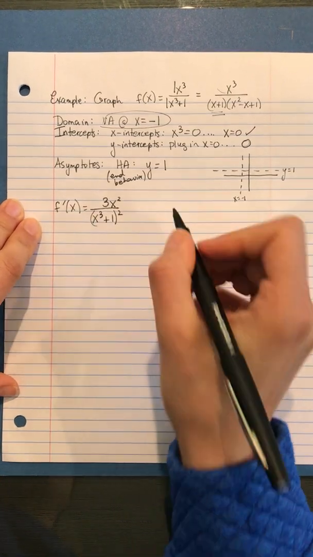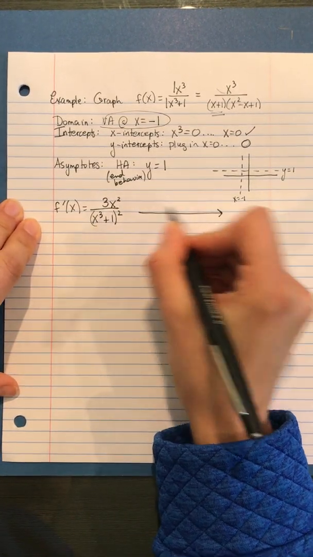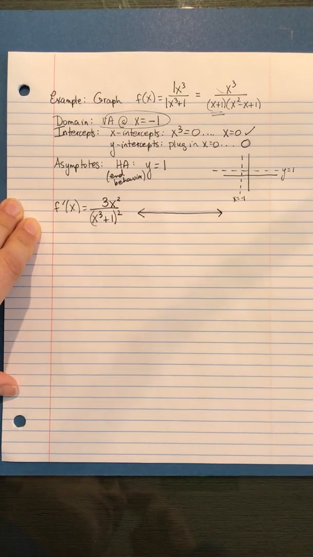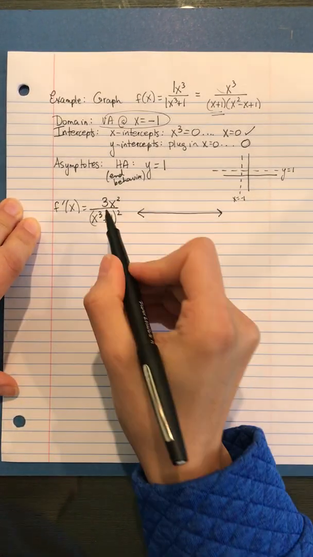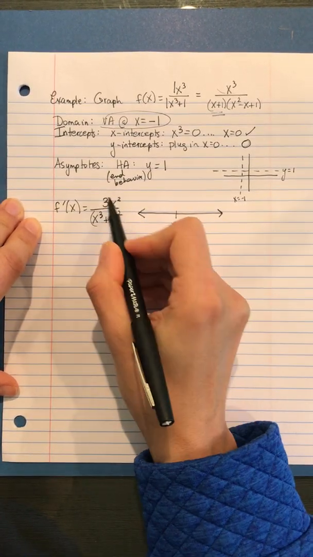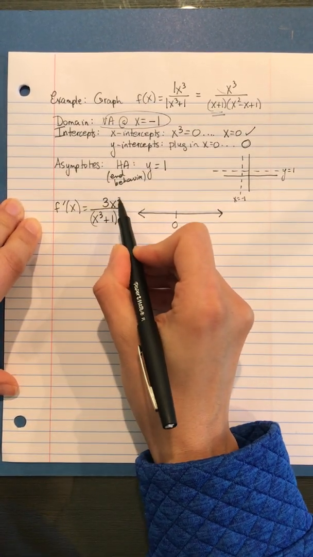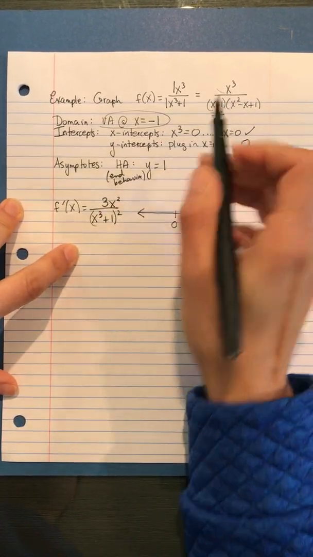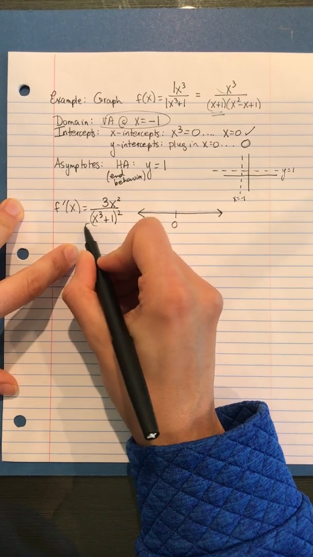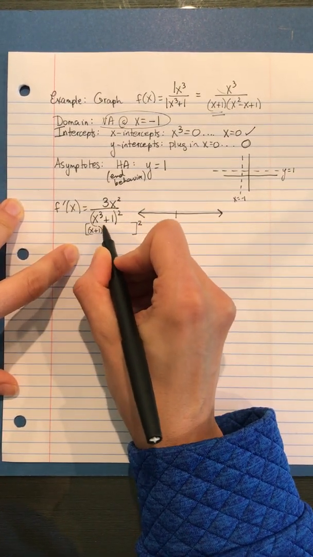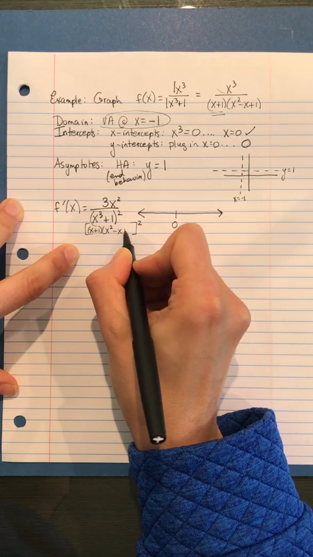For the first derivative, you always want a number line. Critical numbers are zeros and domain restrictions of that derivative. It looks like in the numerator, x equals 0 will be a 0. And then how about from the denominator? Remember, x cubed plus 1, if you look up here, factors into x plus 1, x squared minus x plus 1.